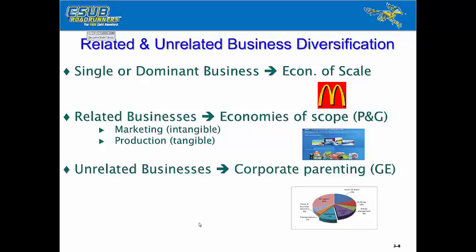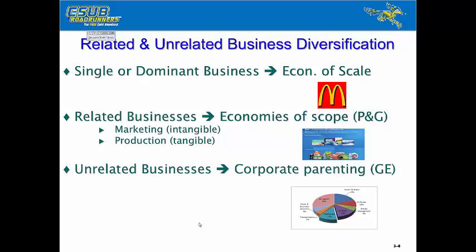A lot of times it doesn't work very well to do unrelated business diversification, but sometimes it works. And General Electric is a perfect example. General Electric owns television stations. They produce consumer electronics. They build aircraft engines.